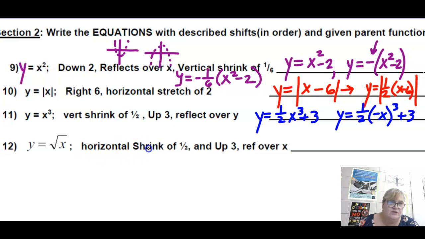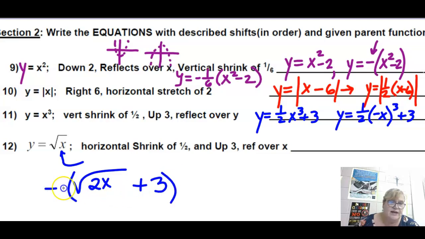All right, horizontal shrink of 1/2 is inside, and anything inside is the opposite. And then we shift it up 3, and reflect it over the x-axis comes on the outside. And because it's the last thing, we need parentheses there. If it said to do it first or after the horizontal shrink, we could put it on here.